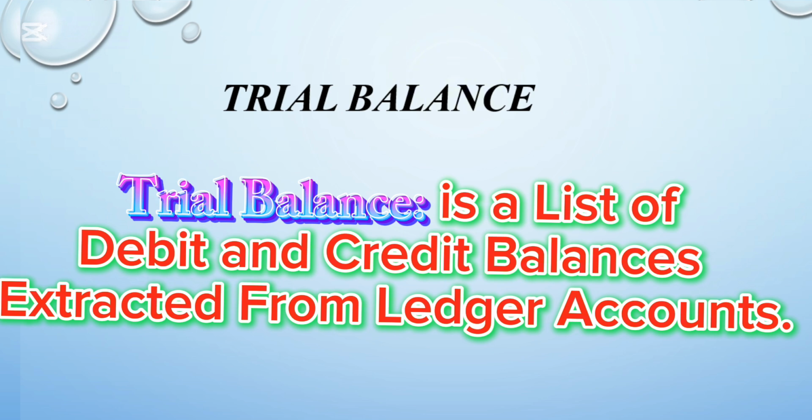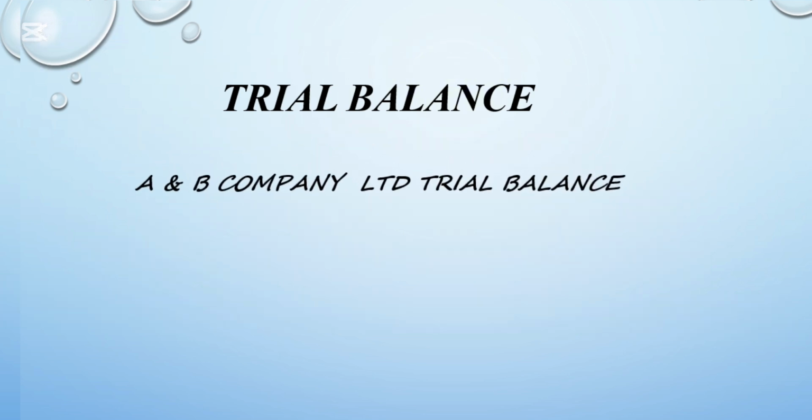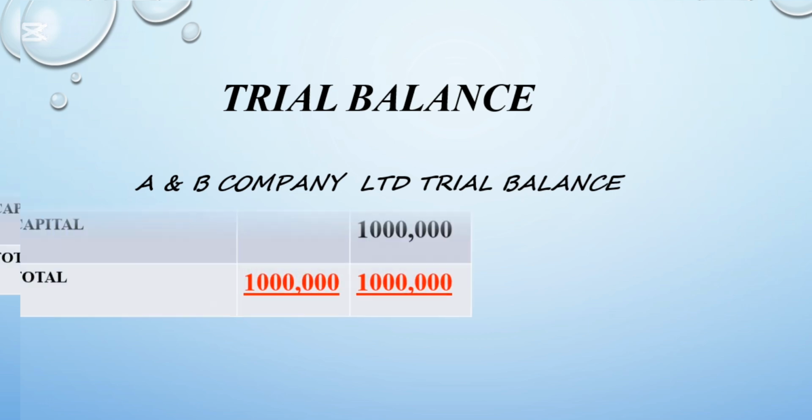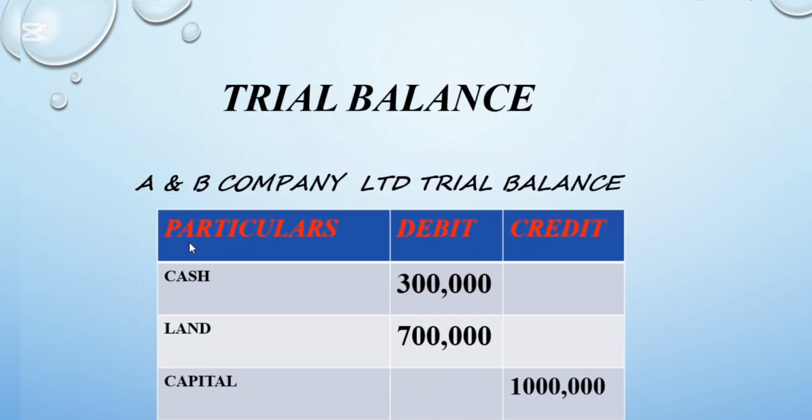So let us see the trial balance of A Company Limited. It will appear like that. The format is, we have particulars where we record accounts, debit and credit. You can see that here the cash account has balance brought down of 300,000. If balance brought down is found in the debit side of an account, you record it in the debit side in the trial balance.